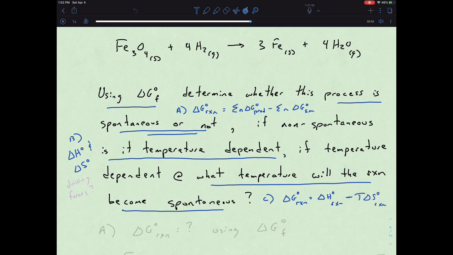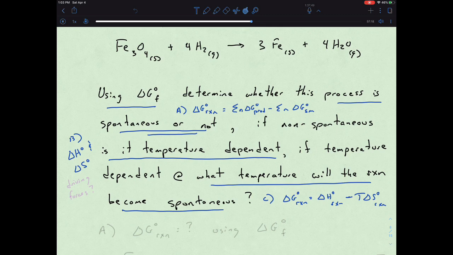It's just a number of parts here, A, B, and C, but they're really talking about the two equations, really the delta G of reaction from delta G's of formation, part A, and then parts B and C are really talking about the same idea as far as the Gibbs free energy expression.